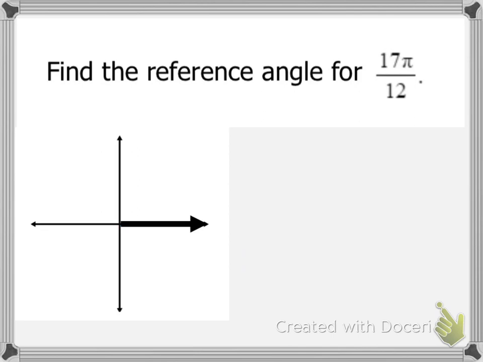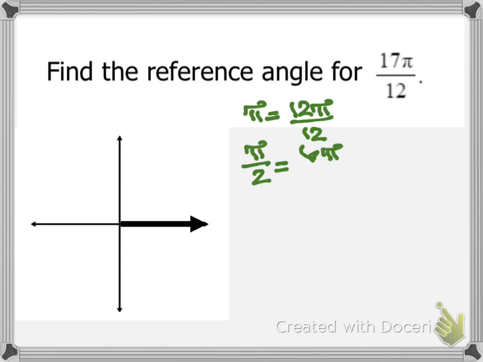Okay, 17 pi over 12. So we know that pi would be 12 pi over 12, right? And we know that pi over 2 then would be 6 pi over 12.